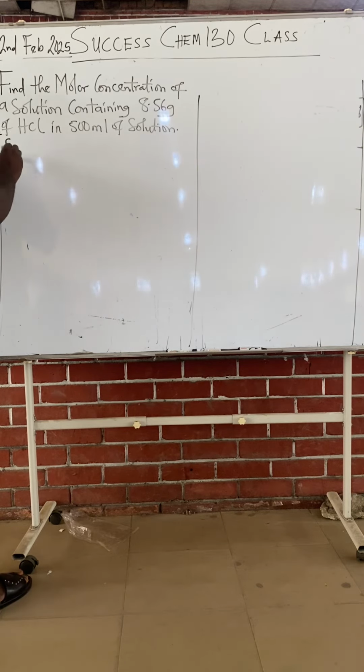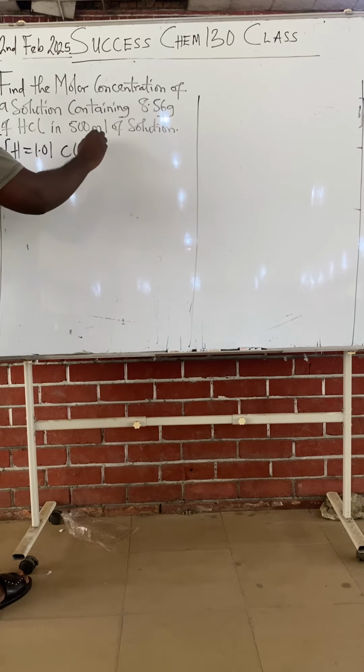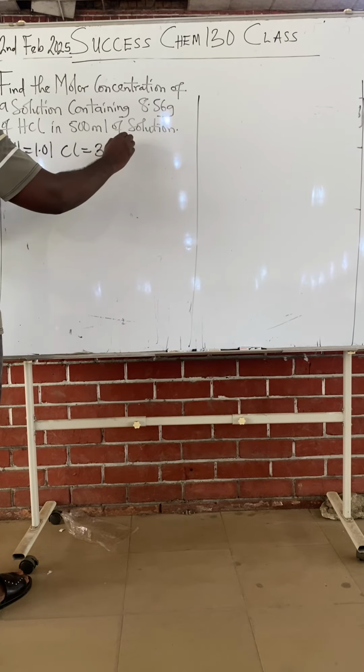We are told to take H as 1.01 and take Cl as 35.45.